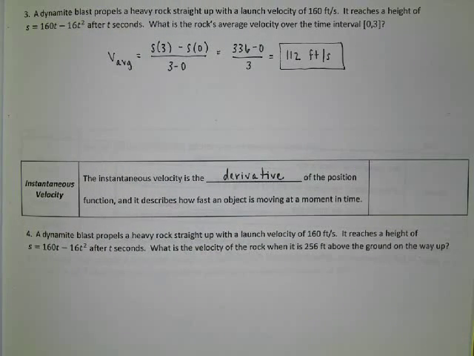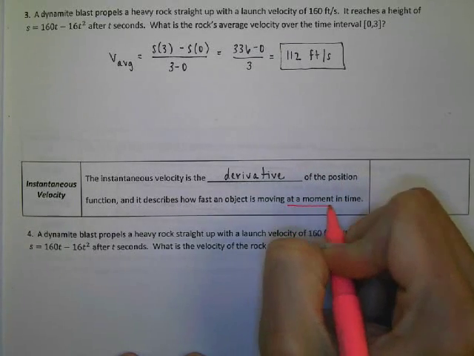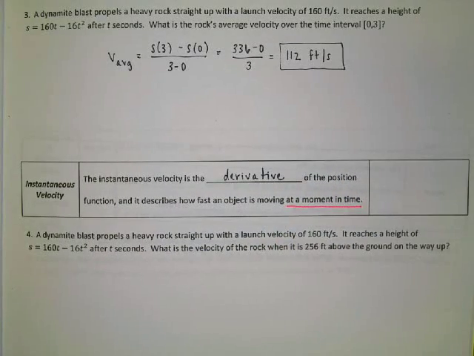And it's going to tell us how fast the object is moving at a single point in time. So the average rate of change told us how fast it was moving over an interval of time, and this instantaneous velocity is going to tell us how fast it's moving at a single point in time.